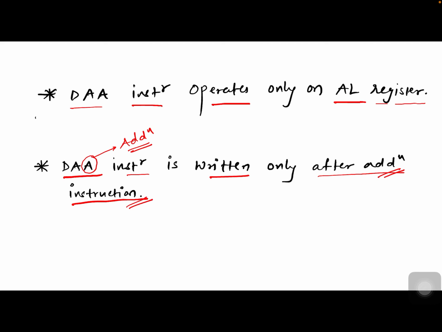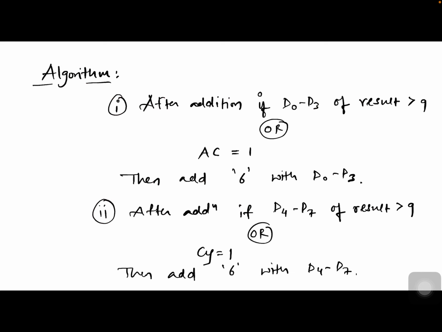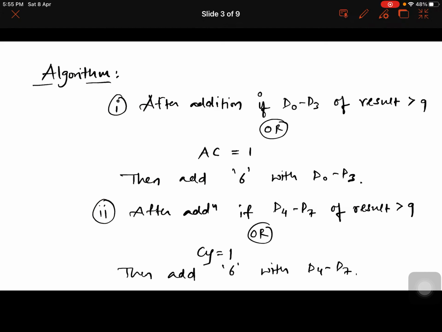And how is it doing that? For that we need to understand the algorithm behind the DAA instruction. I'll explain this algorithm first, and then to get clarity on it we need to take certain examples. So in the algorithm there are steps.